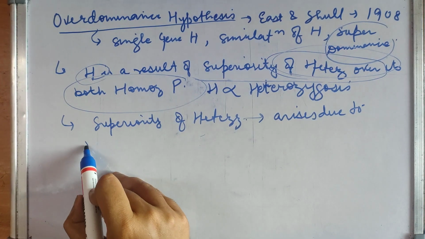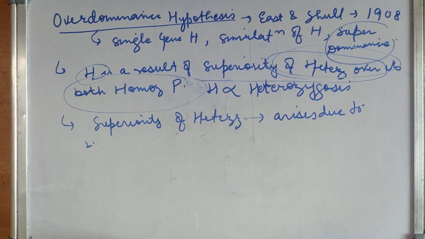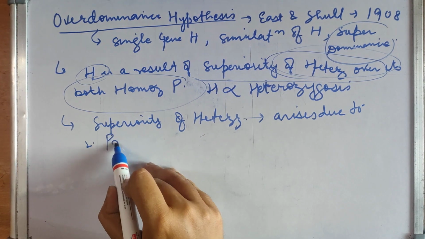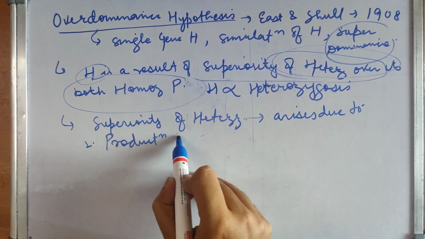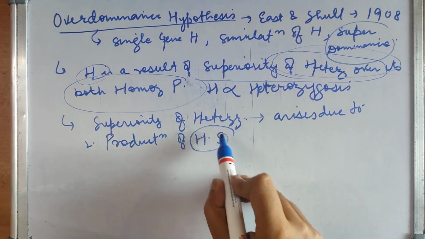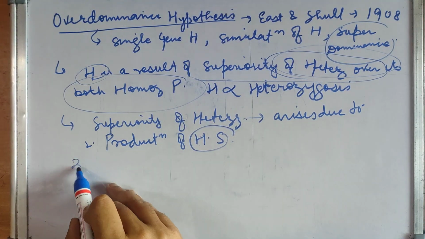number one, production of a superior hybrid substance in the heterozygote, which is completely different from either homozygous parent. Production of some hybrid substance which is different from both of its homozygous parents.